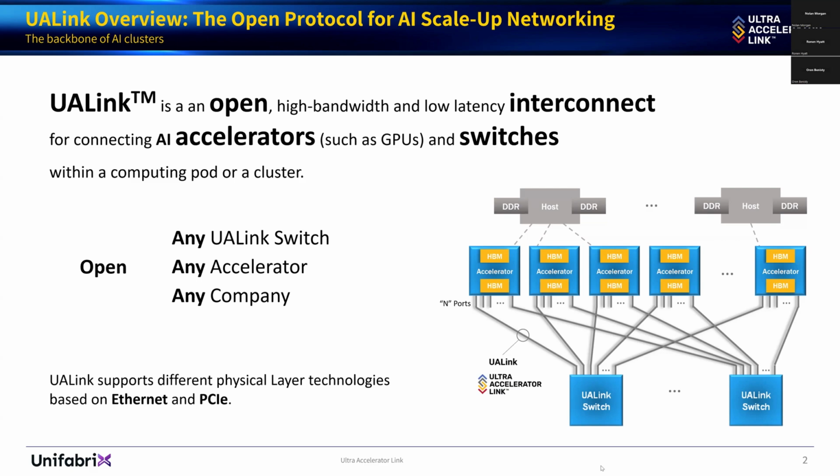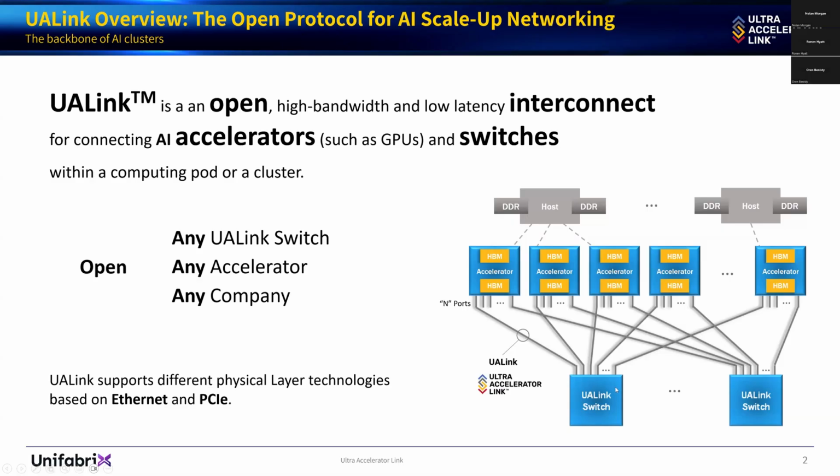We have the accelerators and the switches, and we see multiple planes where each accelerator connects to the other accelerators via one or more UALink switches through different ports. We see hosts that have their own memory, DDR. The accelerators typically have HBM, and we see the UALink links that connect the UALink domain.